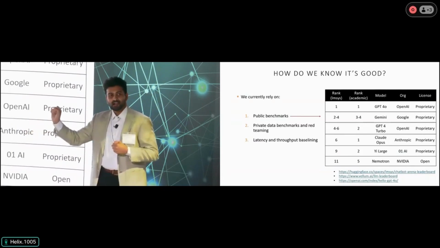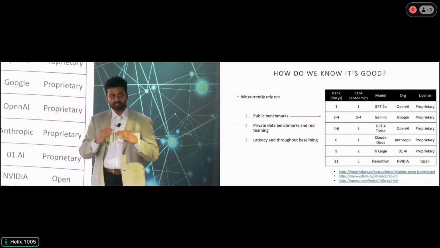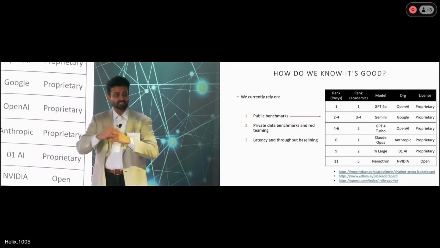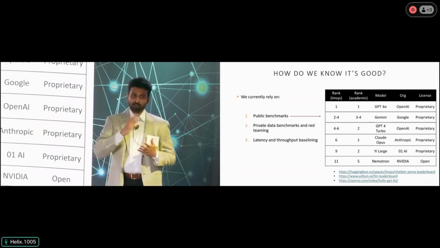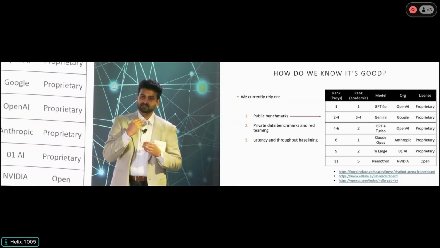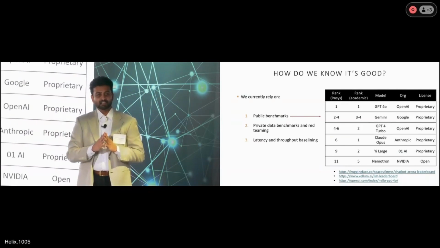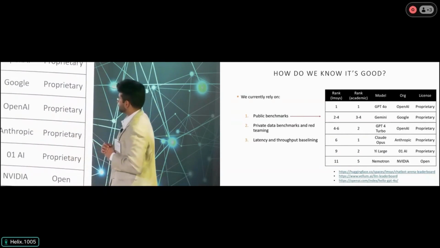The importance of showing this is that the gap between proprietary models and open source models is closing. We still see proprietary models that have access to large amounts of infrastructure for fine-tuning and training do have a lead over open source models. But we're looking at these ranks in two different ways.